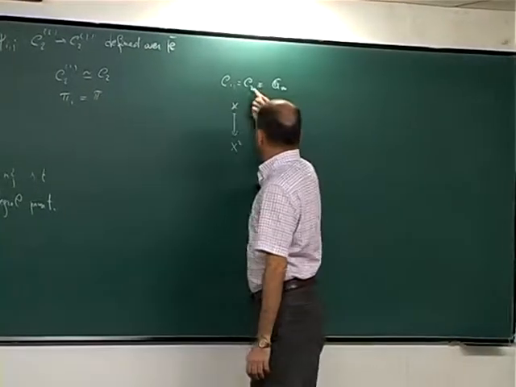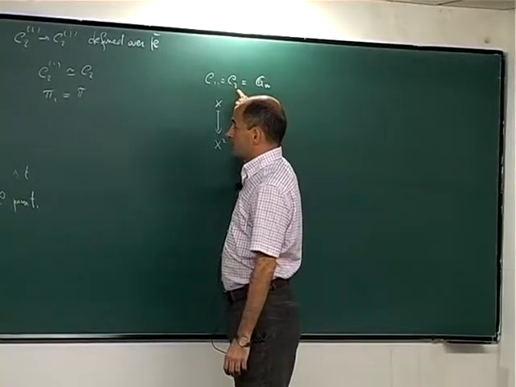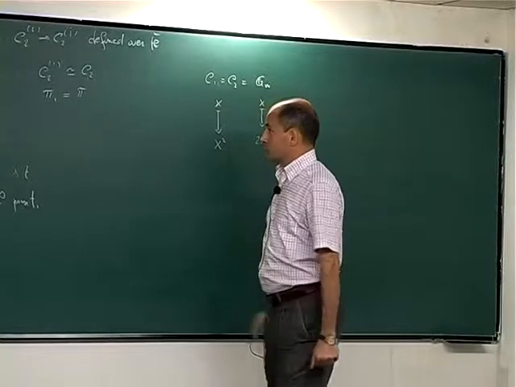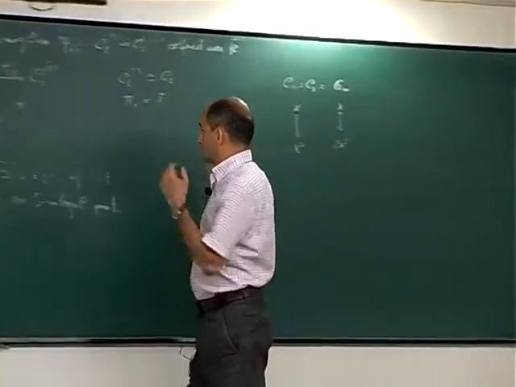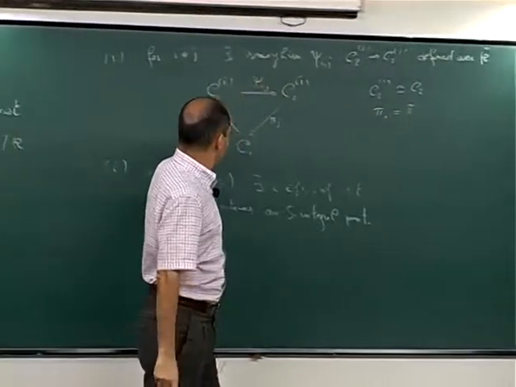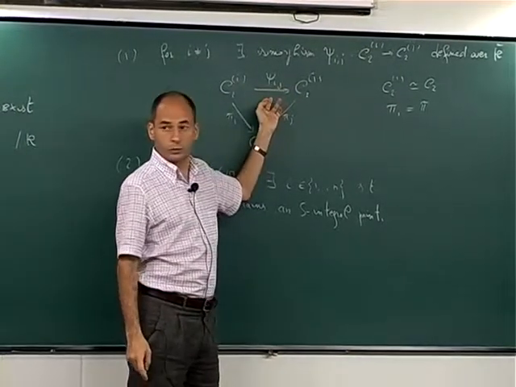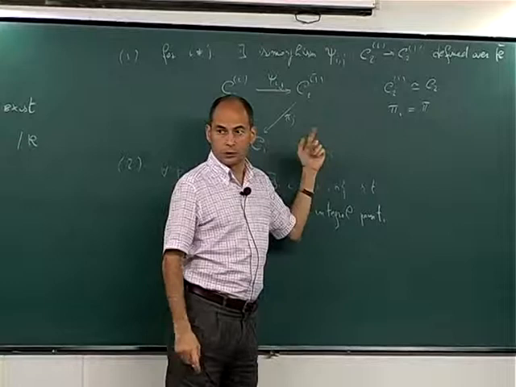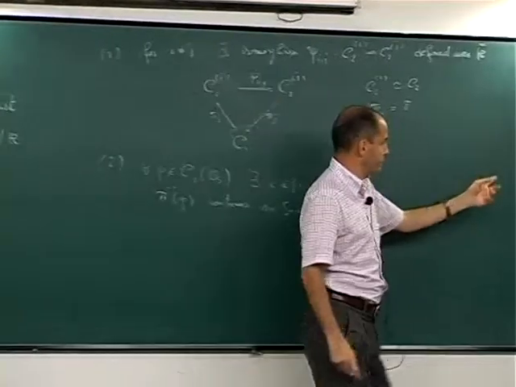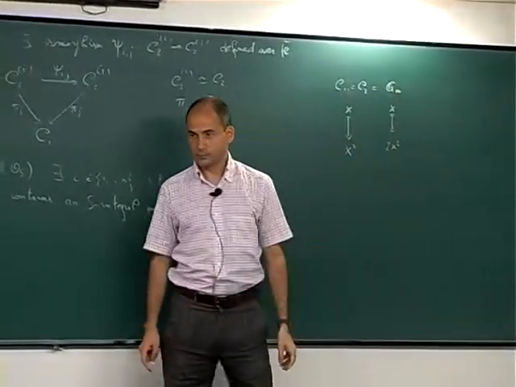You can take, for instance, both C2,1 and C2,2 equal to G_m, but there will not exist such a commutative diagram over Q. But over Q(square root of 2), you can make a change of variable.